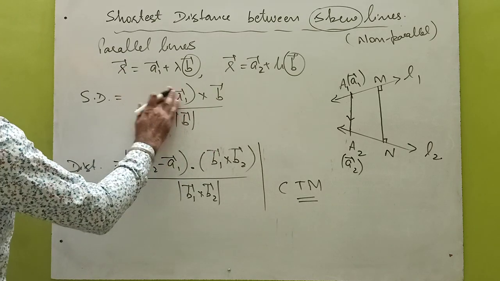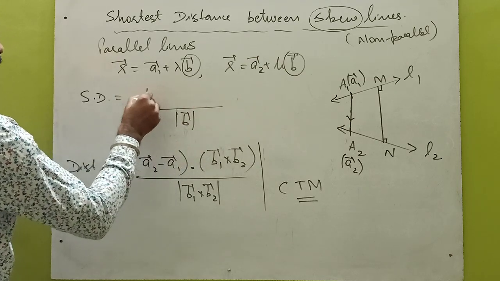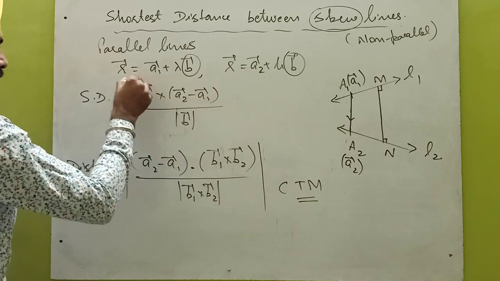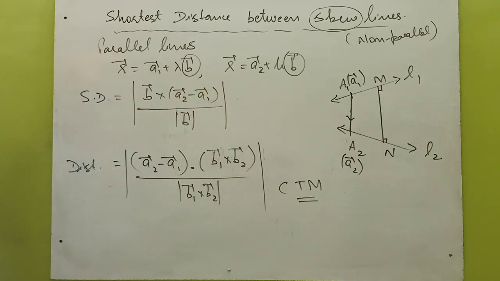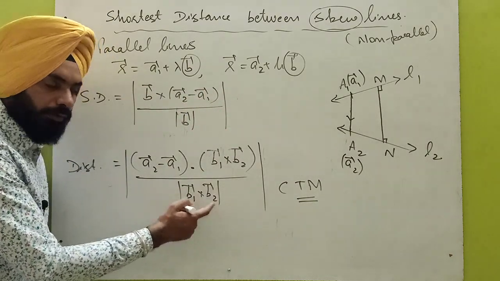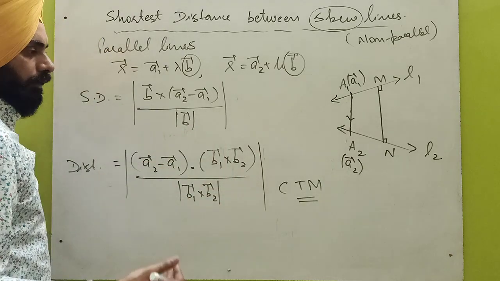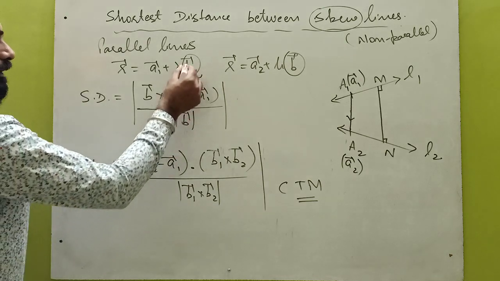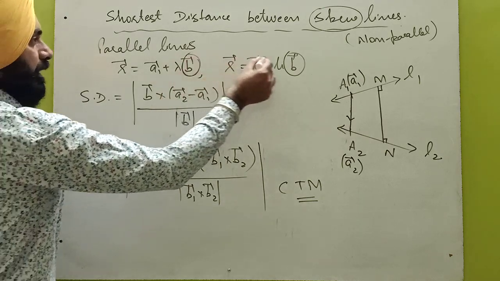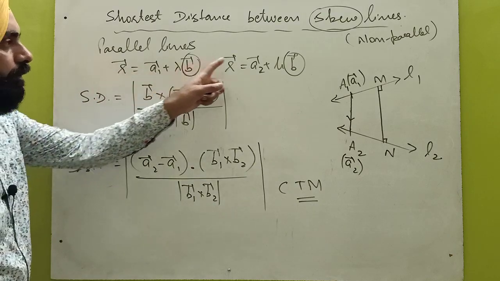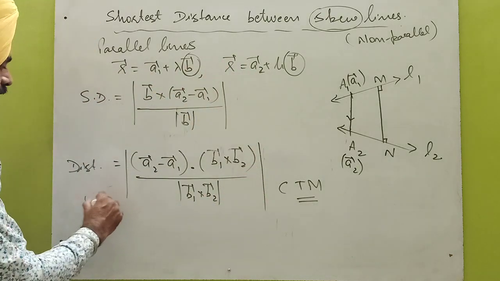Or you can write it as b cross (a2 minus a1) and its mod, positive value. So this is the formula for non-parallel lines, and this is the formula for parallel lines. In the question, you can easily see that if the vector b is the same, then we will apply this formula. If b vectors are different, then apply the other formula.